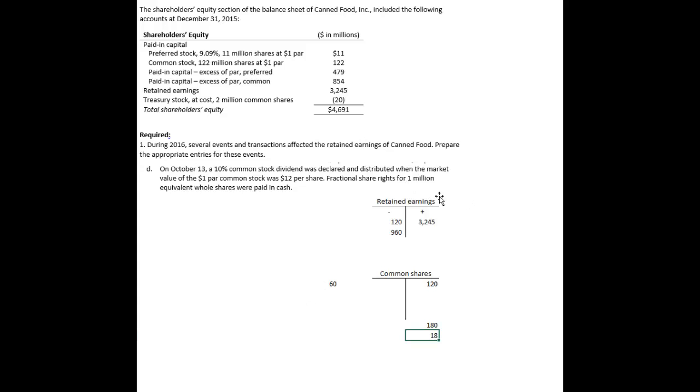However, 1 million of those shares aren't actually issued because they're fractional share rights. So I could take 1 away, and the new number of shares that are going to be distributed as a result of this stock dividend are 17 million. So that's the basis from which we construct our journal entry that happens on October 13th.